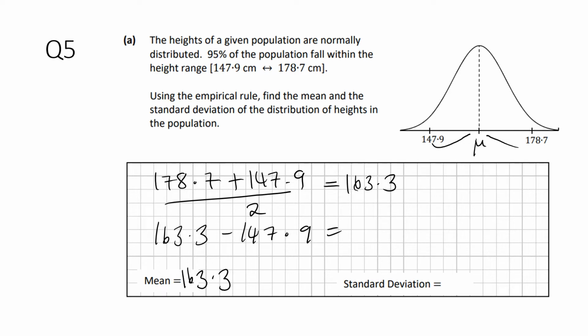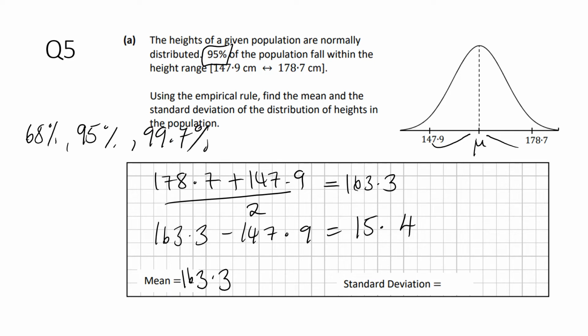Now, you have to try and figure out, because it's a 95% population, you have to remember the different percentages: 68%, 95%, and then 99.7%.